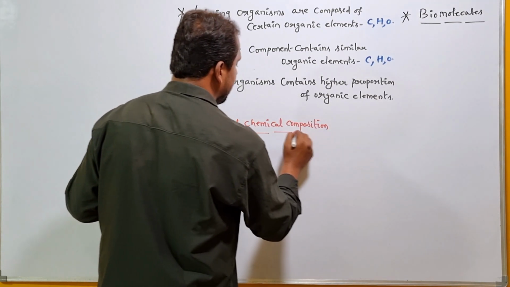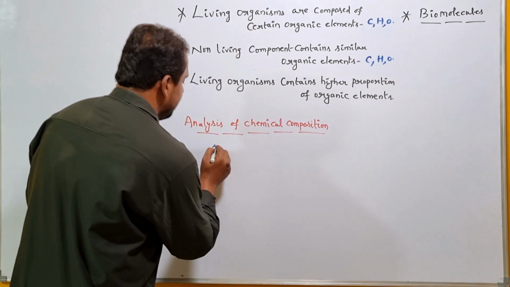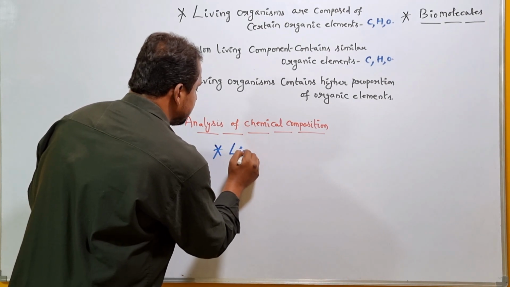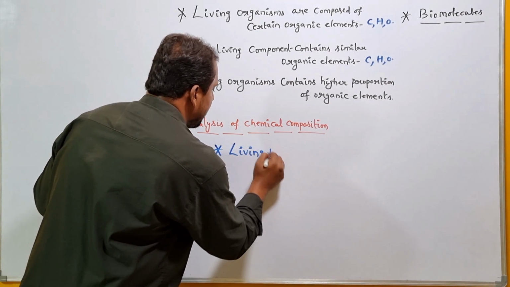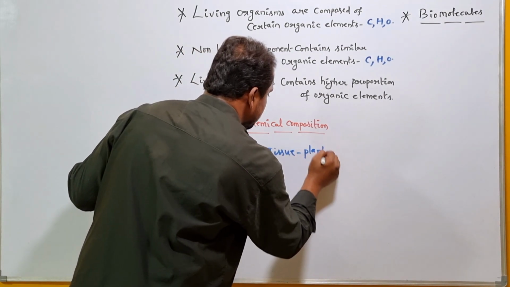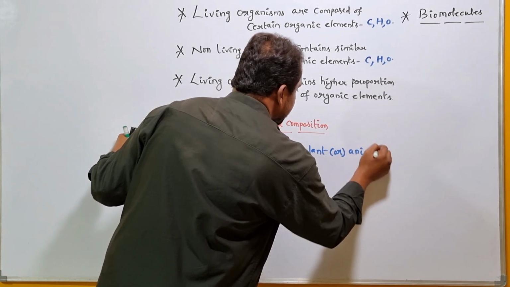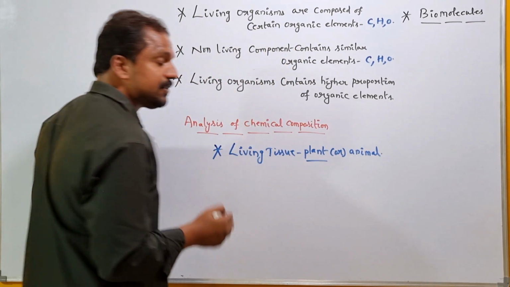In order to analyze the chemical composition of living tissue, we take one particular living tissue. It may be a plant or animal. Let us assume the living tissue is plant tissue.